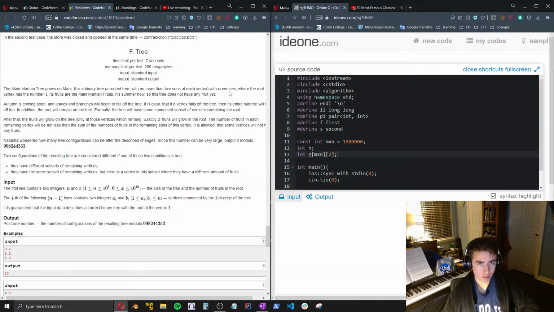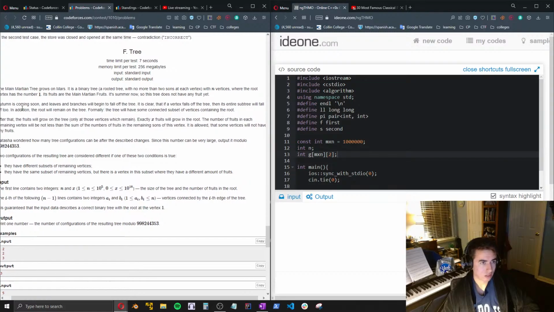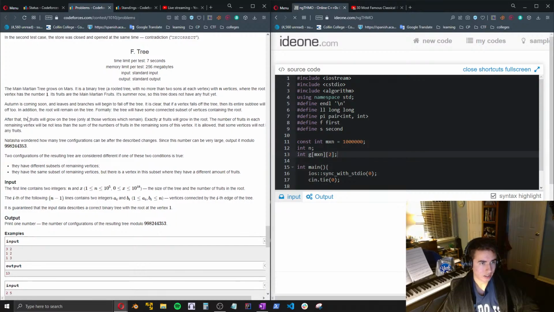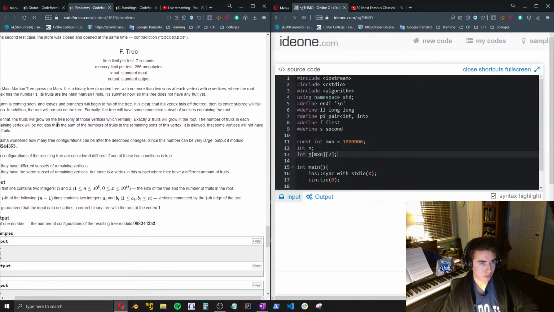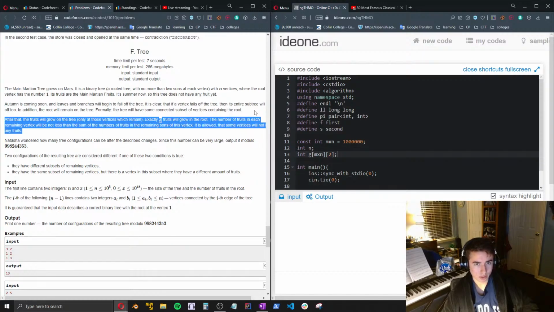Binary tree with n vertices. Autumn's coming soon, blah blah blah. If a vertex falls off a tree, after that, fruits will grow on the tree. Exactly X fruits grow in the root.